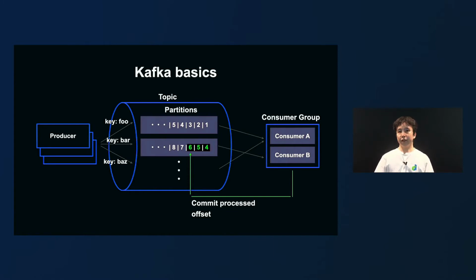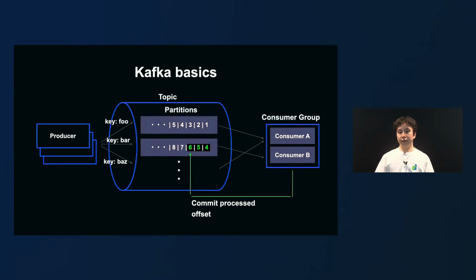Messages produced by the producer are partitioned based on message keys. In the partition, a sequential number, or so-called offset, is allocated. Each partition is assigned to one of the consumers in the consumer group, and the consumer receives offsets from the partition and processes them starting with the lowest number.